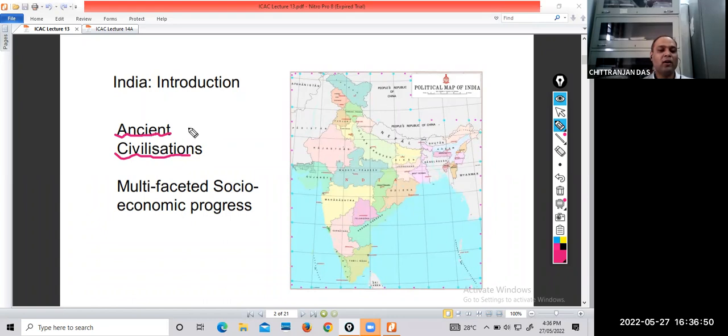So here you will introduce that this is the land of the Indus Valley civilization, where the civilizations grew, and such type of introduction definitely will give about our country. Then you will tell about the multifaceted socio-economic progress that we have achieved, before going to the geography. Yes, you will say that it is a peninsula surrounded on three sides by water and so on. Definitely you will say that. But before that, you will just give an introduction that it has ancient civilizations.